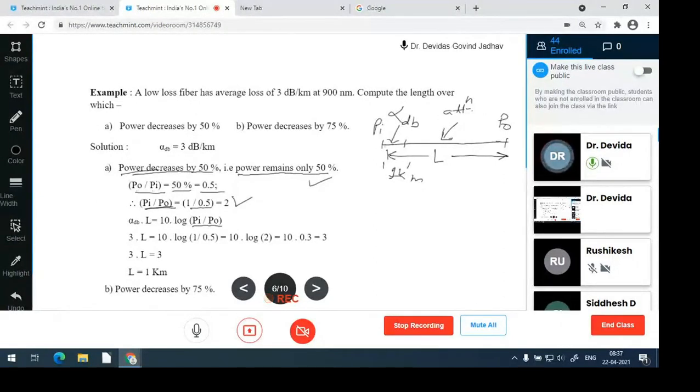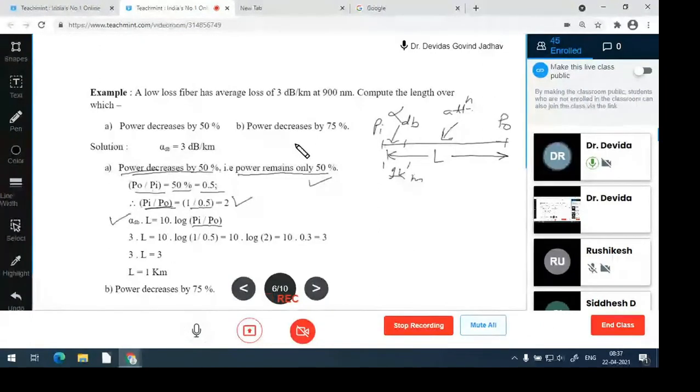It is opposite to amplification. In amplification, it is output power divided by input power. In attenuation, it is opposite: input power divided by output power. We have seen in the theoretical lecture on attenuation, and discussed this formula in detail.